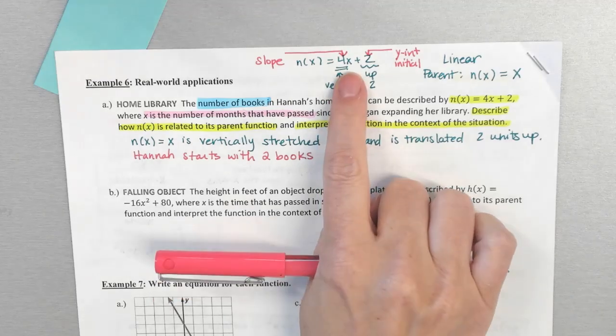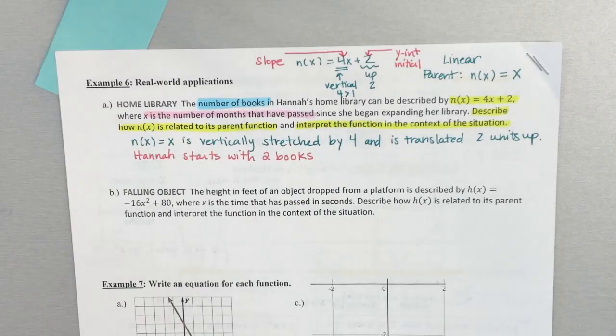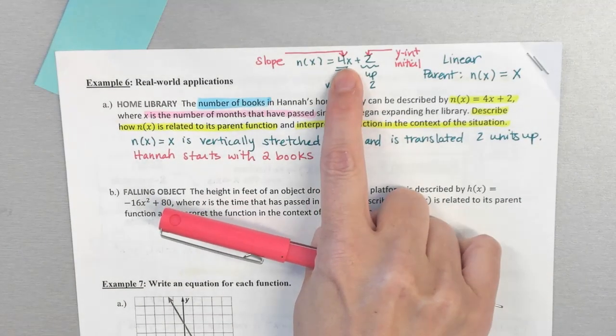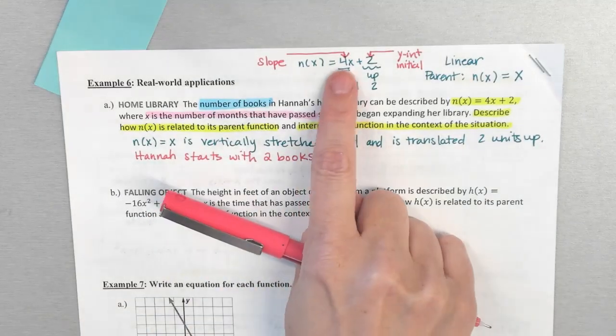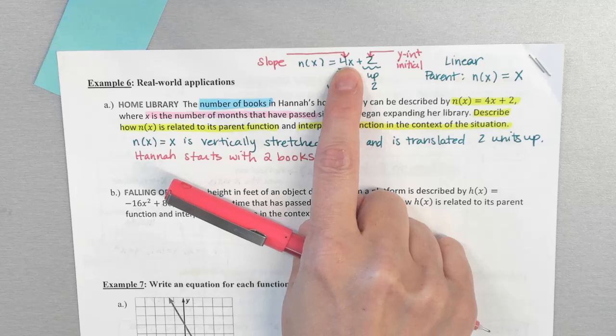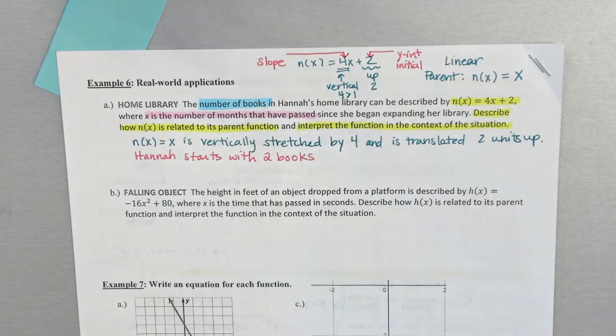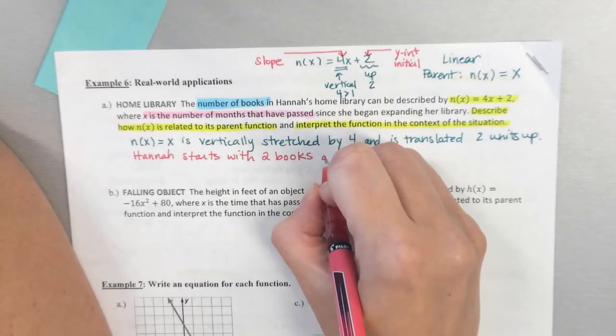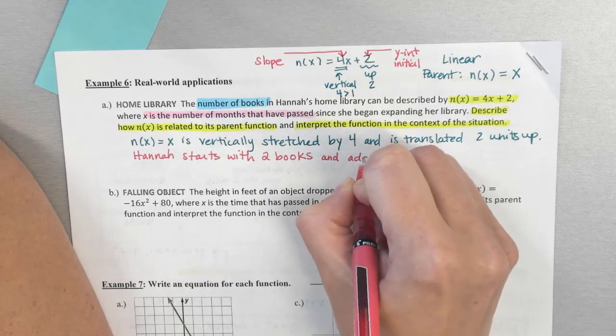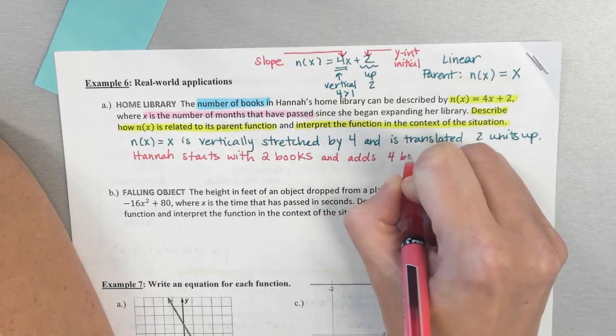Now it says x is the number of months that have passed, and I see that the 4 is attached to the x, which is your slope. Do you guys know what that means? Exactly. So she gets 4 new books every month. So Hannah starts with 2 books and adds 4 books.